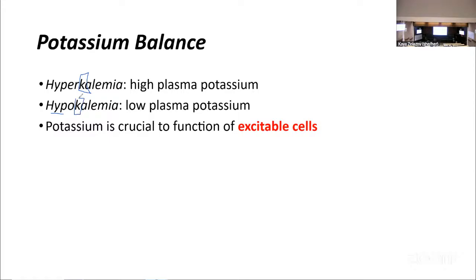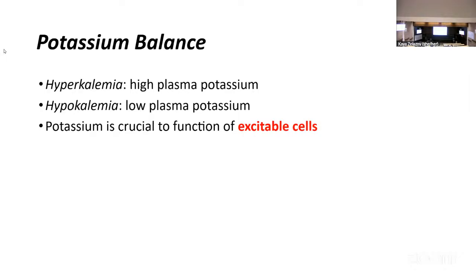And this is bad because, again, our excitable cells, which are neurons, muscles, including the heart muscle, are expecting certain concentrations of things like sodium and potassium in order to have all those electrical forces, all our gradients pointing the right direction so that we can send off action potentials. So we need to keep our potassium levels in balance, just like we need to keep sodium levels in balance.